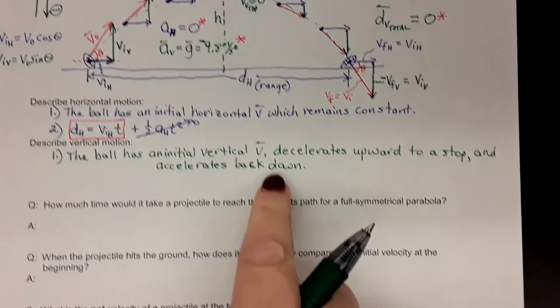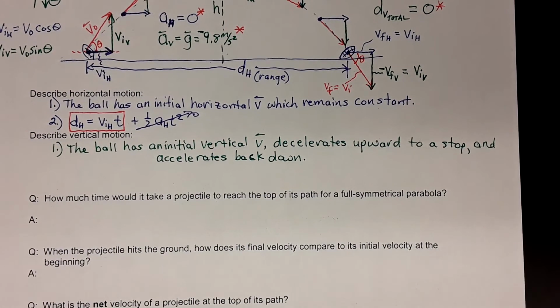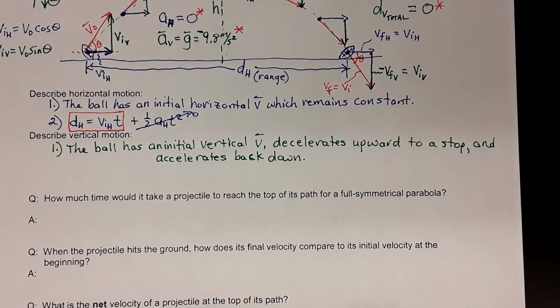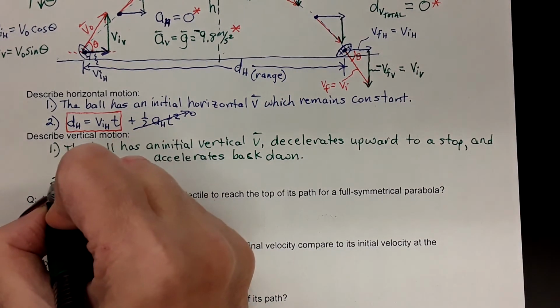Okay? If you wanted to stick the word uniformly in, you could. You could say it uniformly decelerates upward to a stop and uniformly accelerates back down, but most people understand for projectile motion on a planet that it is uniform. Let's do it mathematically now.